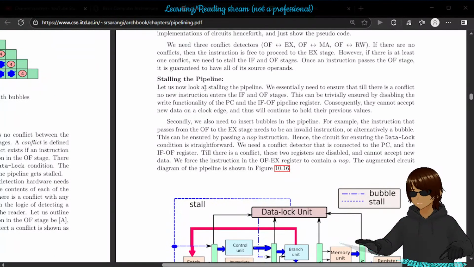Let us now look at stalling the pipeline. We essentially need to ensure that till there is a conflict, no new instruction enters the IF or OF stages.